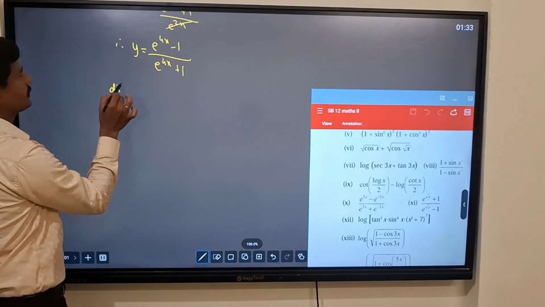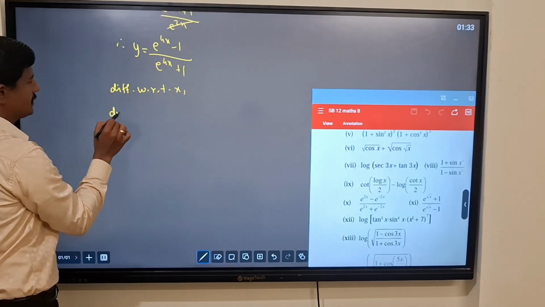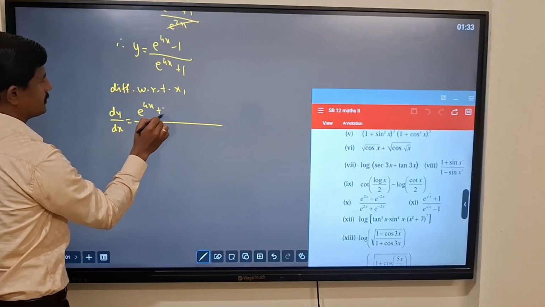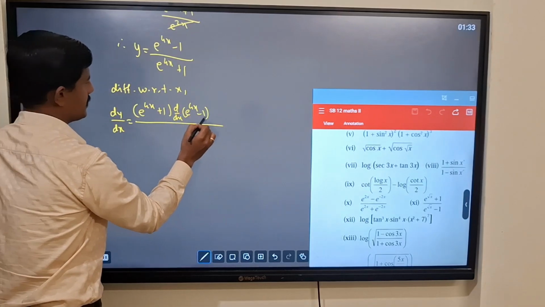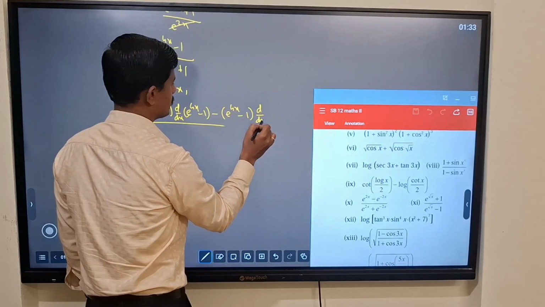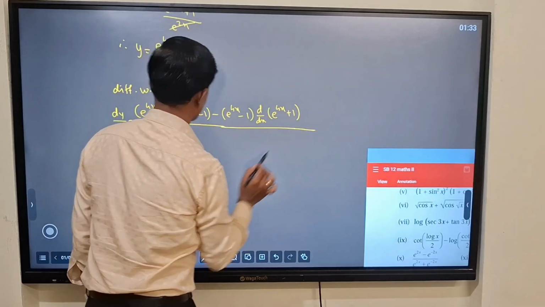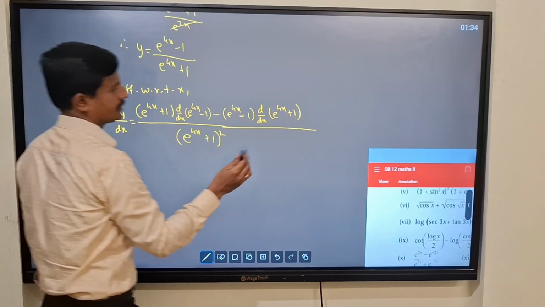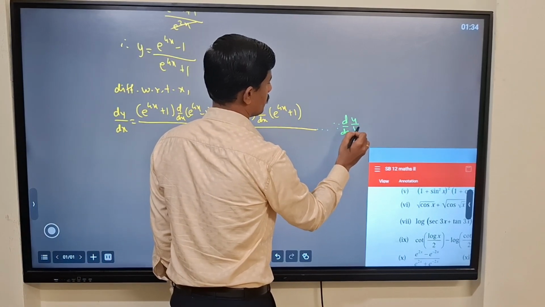Now differentiate with respect to x. Dy by dx is what? Dy by dx is e raised to 4x plus 1 into d/dx of e raised to 4x minus 1, minus e raised to 4x minus 1 d/dx of e raised to 4x plus 1, upon e raised to 4x plus 1 whole square. Which formula did we use? D/dx of u upon v.